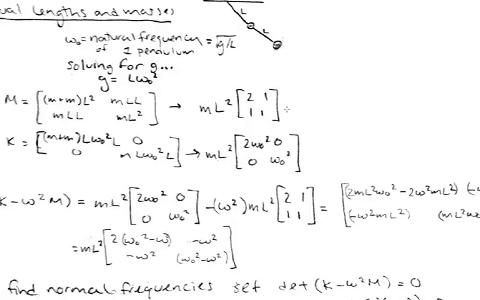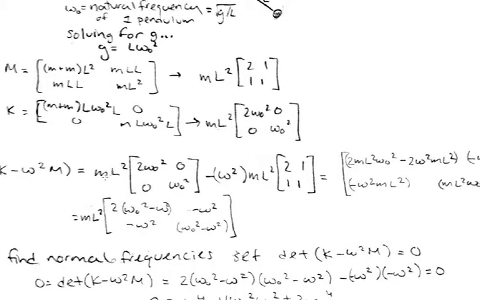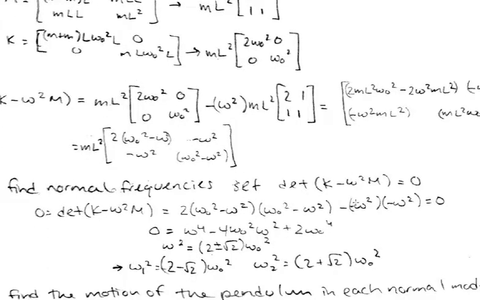So substituting into K minus omega squared M, you get this initially, which kind of got cut off on the screen, but then it reduces to this: mL squared times 2 omega naught squared minus 2 omega squared, minus omega squared, omega naught squared minus omega squared.